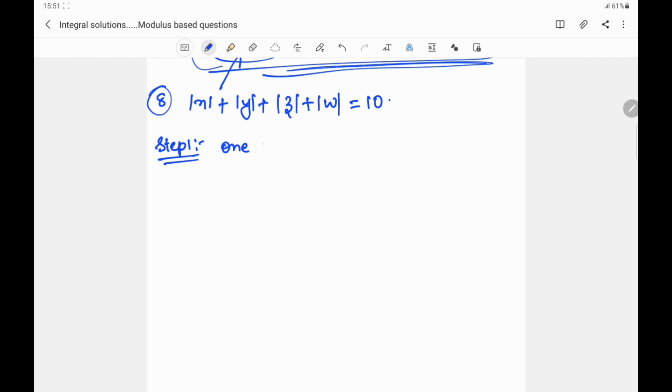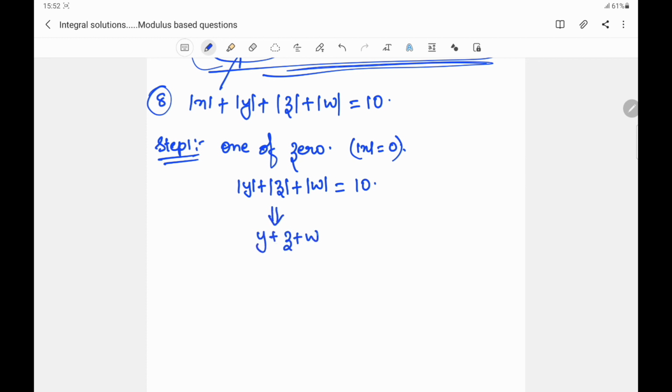one of them is 0. So we will be left with modulus of x plus modulus of y plus modulus of z plus modulus of w. Assume that modulus of x equals 0. So this will equal 10, so it will be converted to y plus z plus w equals 10.